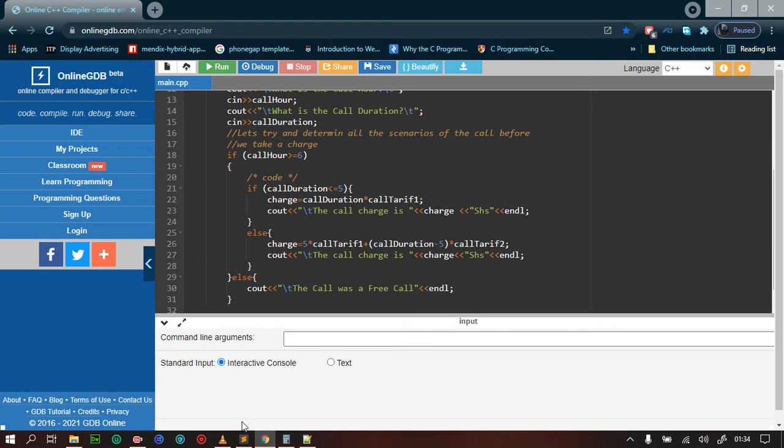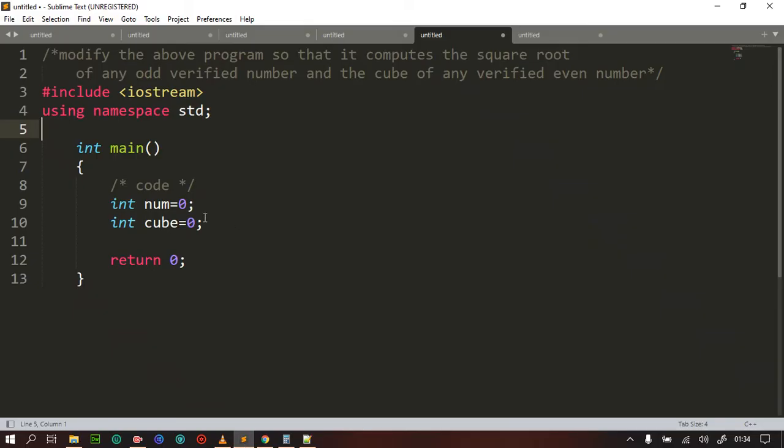So what are we going to do? I was making a verification before I declare the variable. So I'll say variable double square.